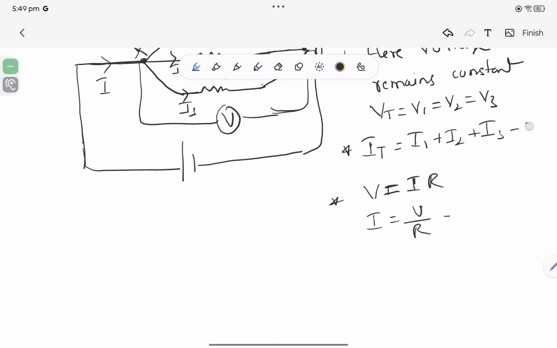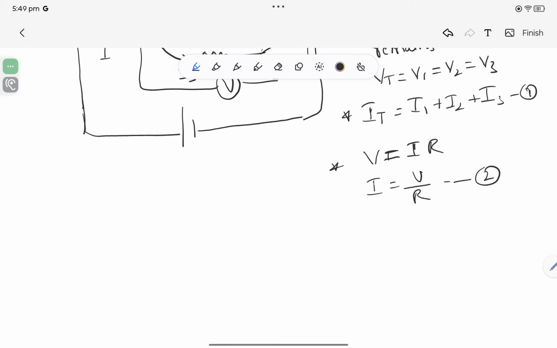Call this equation number 1, and this equation number 2. By substituting equation 2 in 1, what will become?